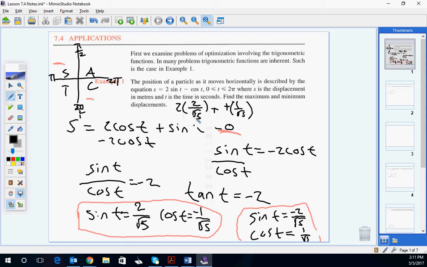Two times 2 over root 5 is 4 root 5, plus 1 root 5 is 5 root 5. 5 root 5 over 5, you can also write that if you went ahead and rationalized, it would just be simply root 5. So root 5, we're going to do the other one. Just hold on to root 5.